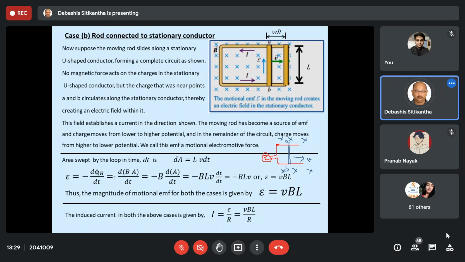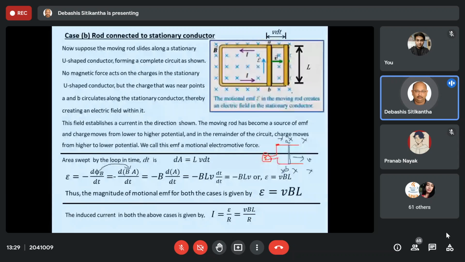Now what is... the magnetic field is a constant. So let us take it outside this differential term. Now we are left with dA by dt. Now let us have a look at this figure once again.